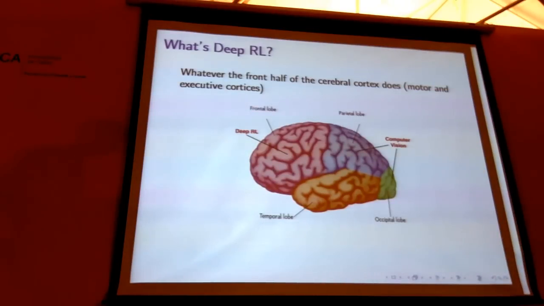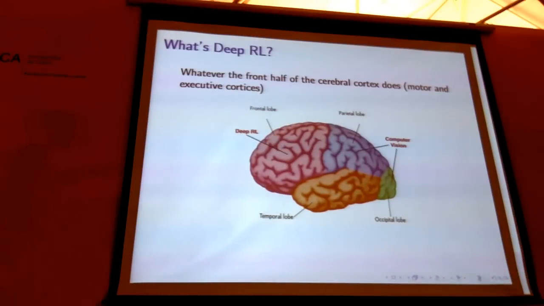So you could say that this is the set of functions that computer vision is trying to solve, and then the front of the brain is known to have motor areas. So it's known to be involved in motor control and also decision making and so forth. So you could say that deep reinforcement learning is trying to do whatever the front of the brain does.